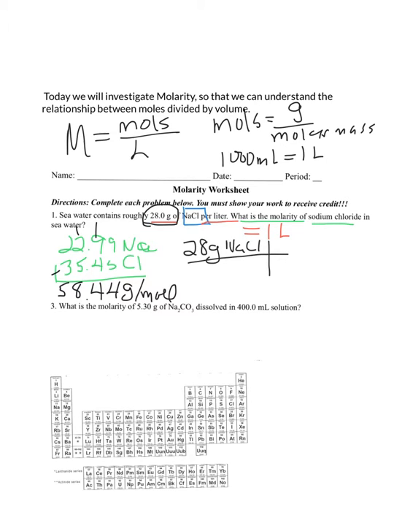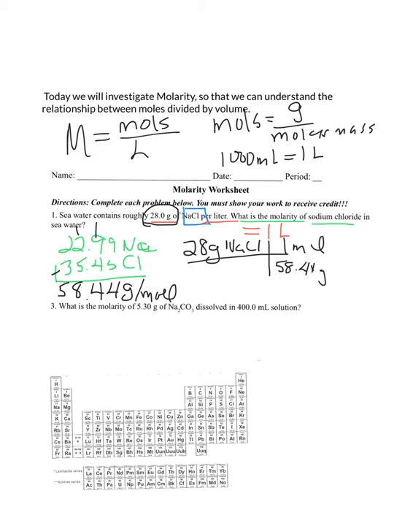And we're going to divide it by the molar mass, 58.44 grams for every 1 mole.